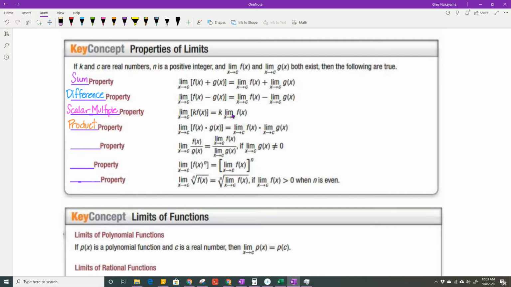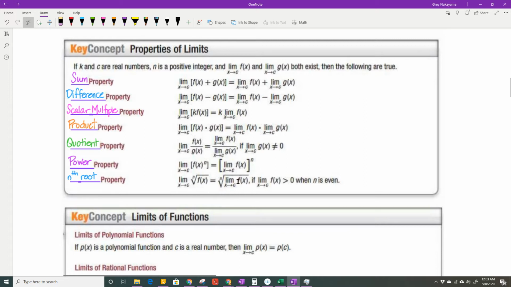Okay, we have the product and the quotient property. The limit of a product equals the product of the limits. The limit of a quotient equals the quotient of the limits. Remember, the denominator cannot be 0. We have the power property and the nth root property that go together. So when you're taking the limit of a function to the nth power, you can find the limit of the function first and then raise it to the nth power.